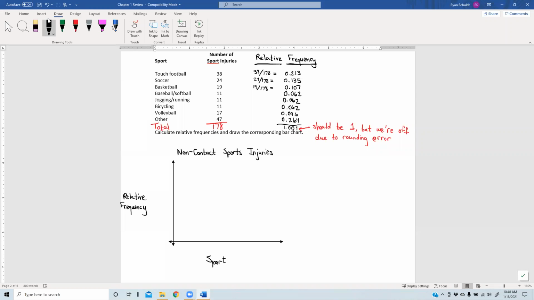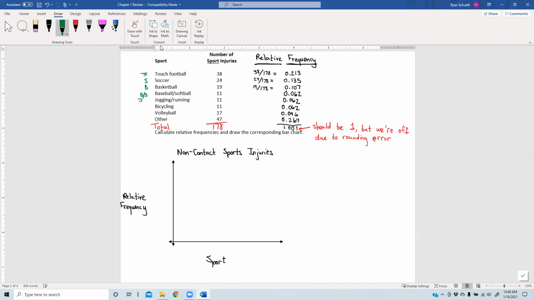Now clearly, I'm not going to have room to write each of these out here. So I'm going to abbreviate them as follows. Touch football, I'm going to call TF. Soccer is going to be S. Basketball, I'm going to just say B. Baseball, softball, I'm going to say BS with a slash.